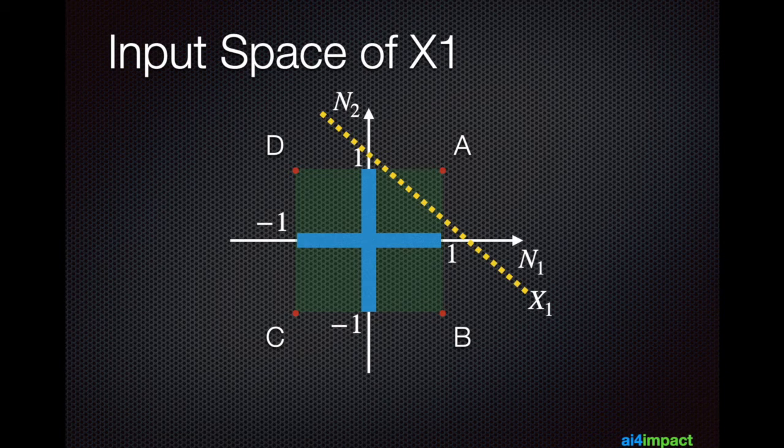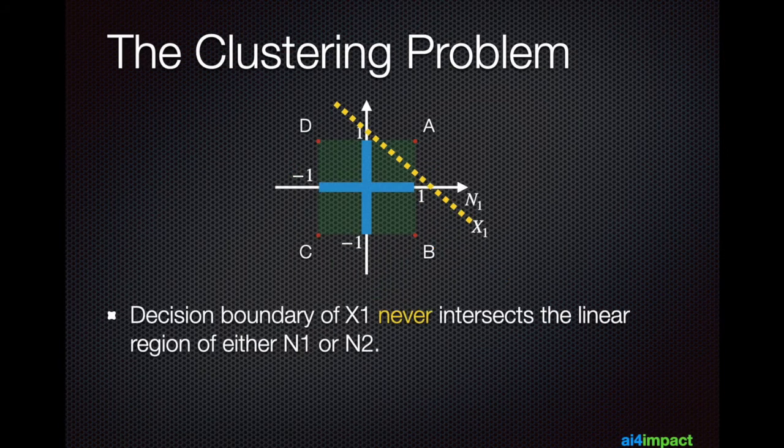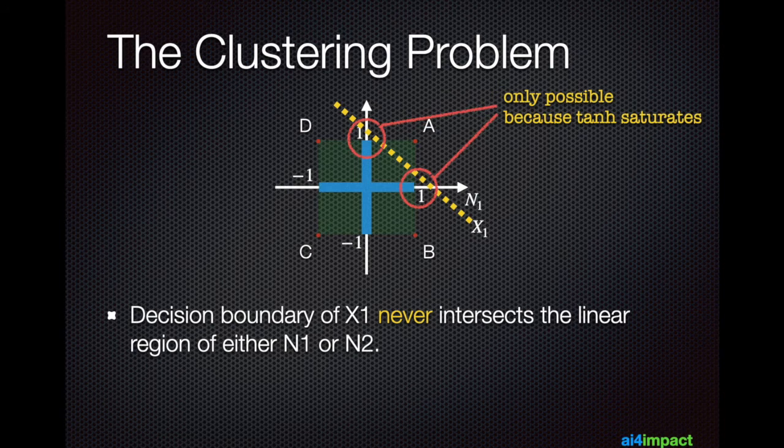What we notice is a few things. The first is that the decision boundary of X1 never intersects the linear region of either N1 or N2. And this is really a consequence of the fact that tanh saturates the outputs of N1 and N2.